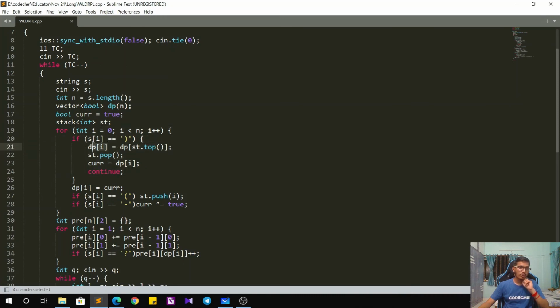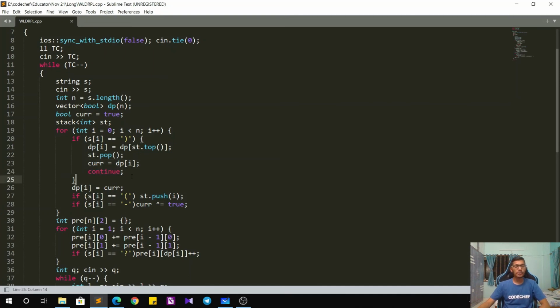The state of the element or the half of the element is that of the corresponding opening bracket. The corresponding opening bracket's position is stored in the top of the stack, so we can take it from there. DP of i is basically DP of stack top. Once the bracket pair is complete, we can just pop the bracket index from the stack and continue.